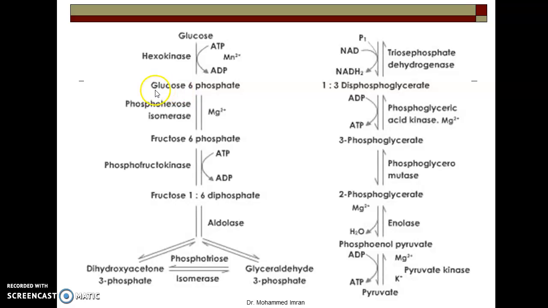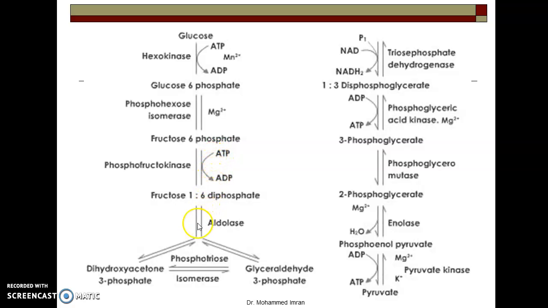In the next step, glucose 6-phosphate is converted into fructose 6-phosphate with the help of enzyme phosphohexose isomerase, and here a coenzyme in the form of magnesium is also required. In the next step, fructose 6-phosphate is converted into fructose 1,6-diphosphate with the help of enzyme phosphofructokinase. Here also we need to supply energy in the form of ATP.